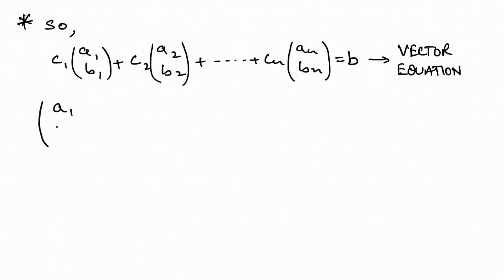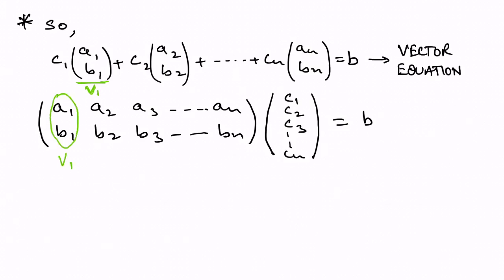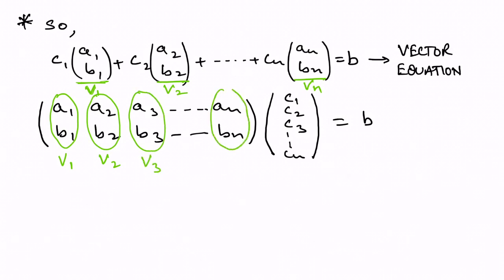So the matrix with columns (a1, b1), (a2, b2), (a3, b3) up to (an, bn) times (c1, c2, c3 up to cn) is equal to b, where the first column is v1, the second column is v2, the third column is v3, and similarly the last column is vn.